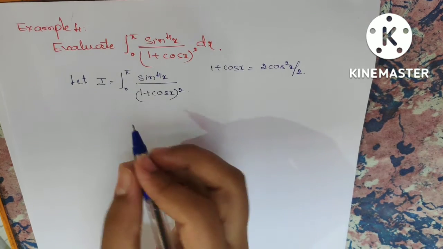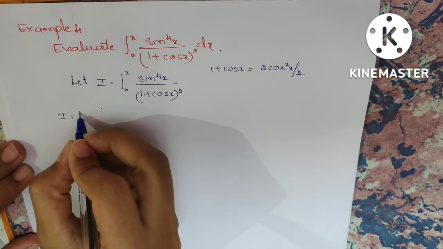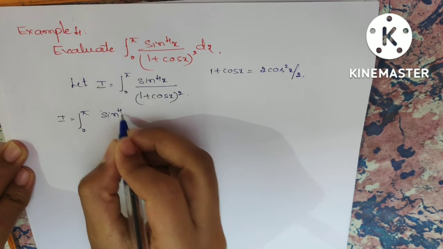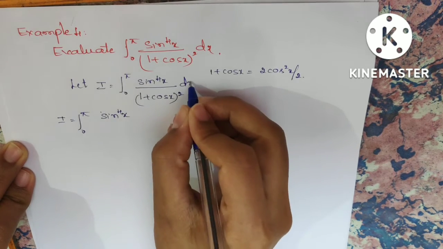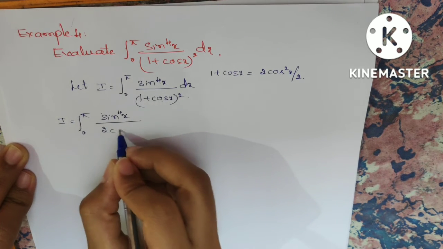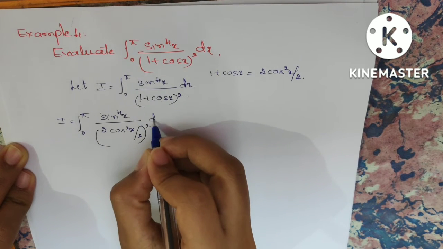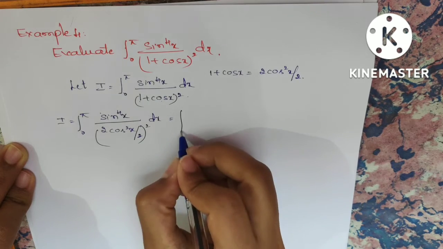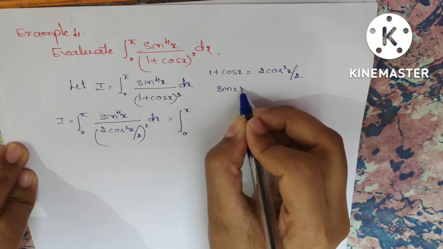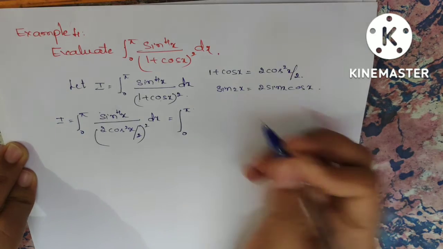So in place of 1 plus cos x, I can write I equals integration from 0 to pi sine power 4x into dx divided by 2 cos square x by 2 whole square into dx. This equals integration from 0 to pi. We have the formula sine 2x is 2 sine x into cos x.